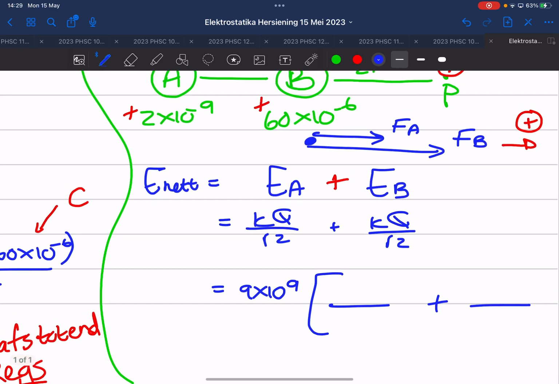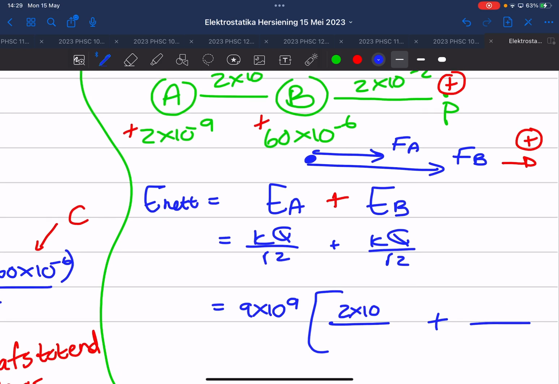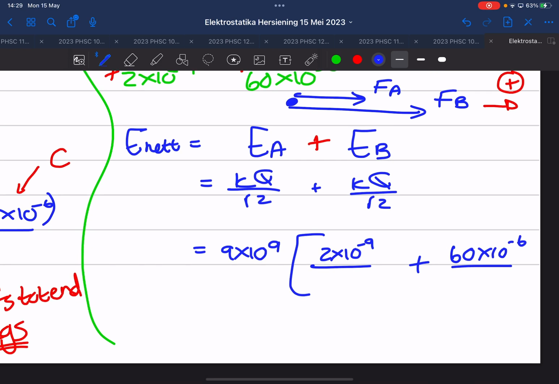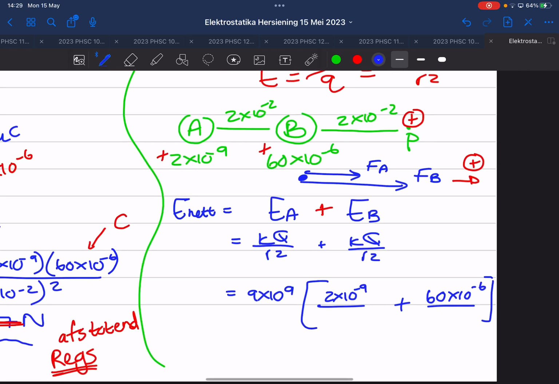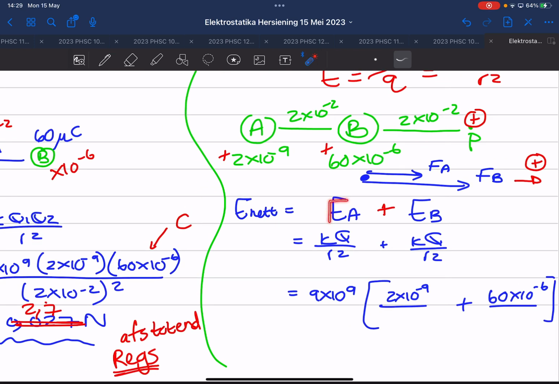Die lading van A het ons. And the charge of B we have. Now you'll see I always stop when it comes to the distances. Die afstande stop ek. So okay, hulle gaan jou probeer uitvang met die afstande. Wat is die eerste afstand wat ek soek? That is the electric field strength due to A. So ek soek die afstand tussen A en P. Wat is die afstand tussen hulle? 4 centimeter. Okay, so moenie daar uitgevang word nie.